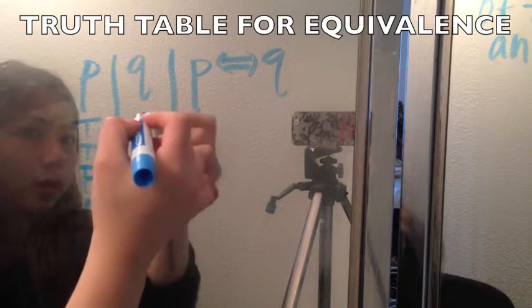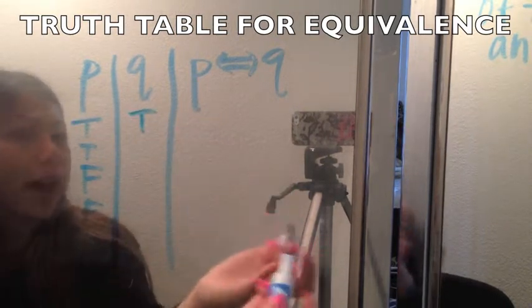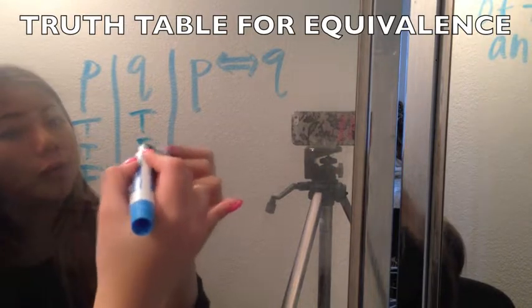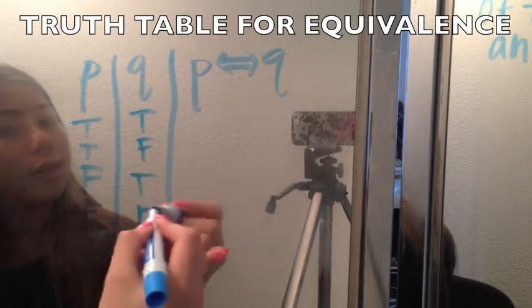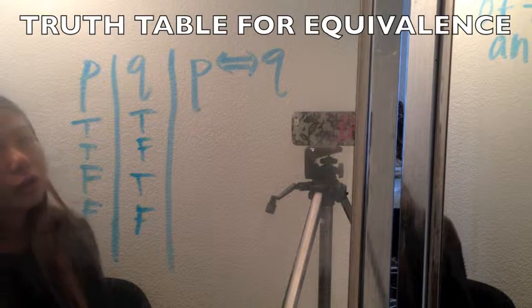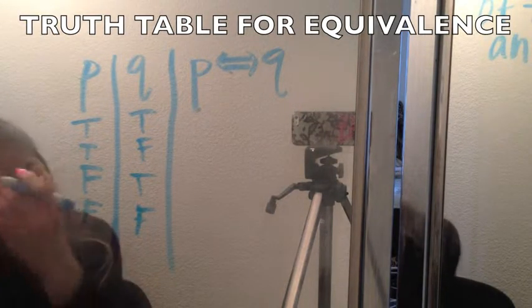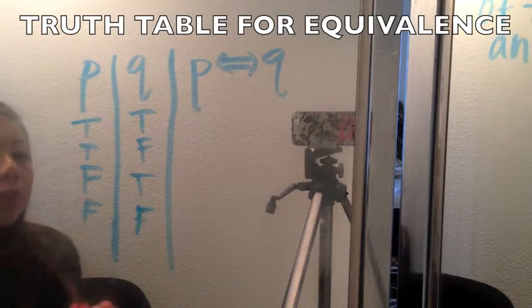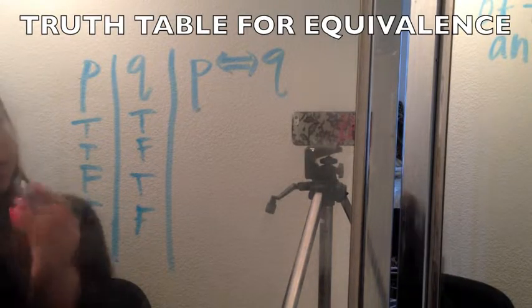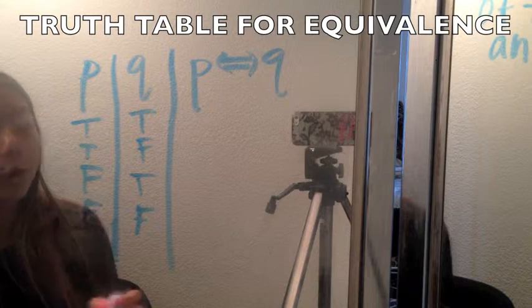But it's in a different form. It's in a pattern: true, false, true, and then false. So we know that in an equivalence statement, in order for it to be true, they both must be true, or they both must be false.